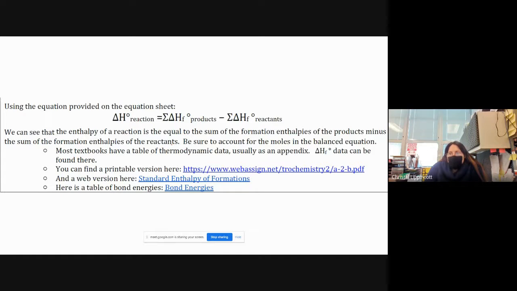This is opposite of what you've been doing. You were doing broken minus formed. Now we're flipping that around on you. So make sure that you're accounting for those moles in the balanced equation.